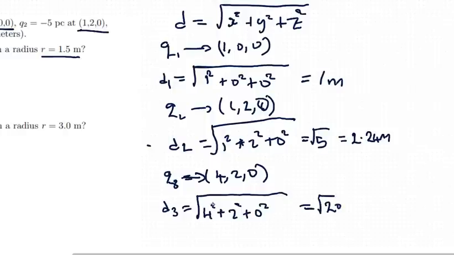The square of 4 is 16, and the square of 2 is 4. You sum it up, it should be 20, and this will be 4.47 meters.